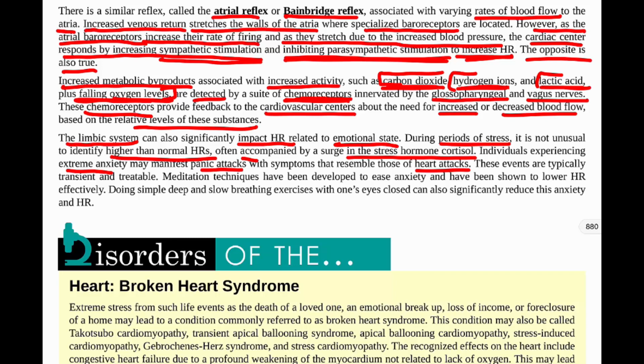And so then the body would say, okay, if we're in a situation where we are concerned, if we are stressed, we're going to need an increase in heart rate. We're going to need an increase in oxygen because we're going to need to run. So then that will impact our heart rate very, very much. And then the opposite, of course, would be true as well.